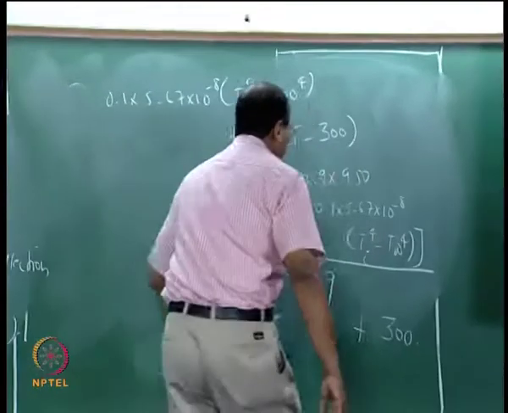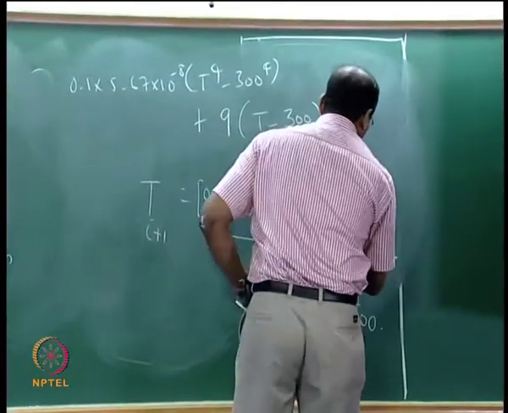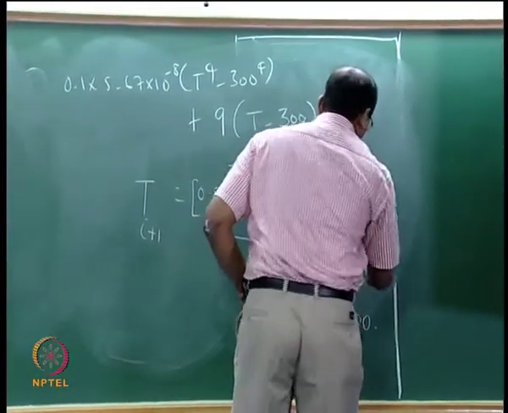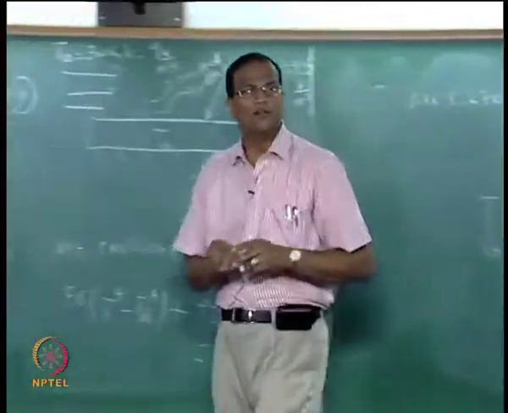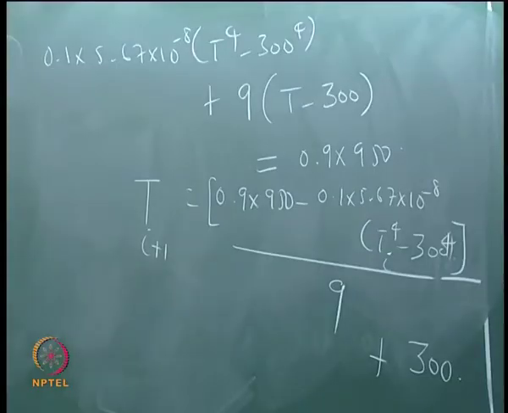So here also I can put 300 to the power of 4. I hope all of you are through with the idea that this problem needs iteration. Mudit, is it okay? So it is called a transcendental equation.